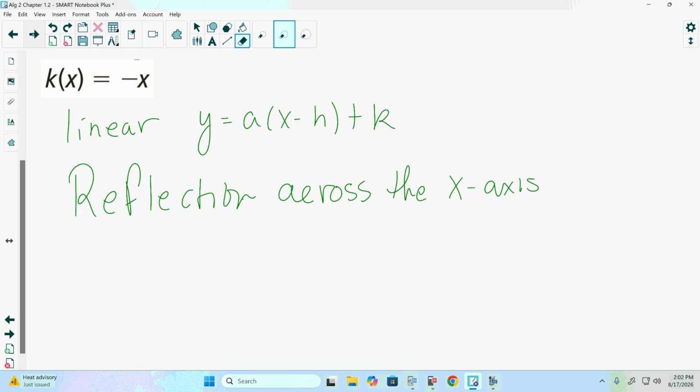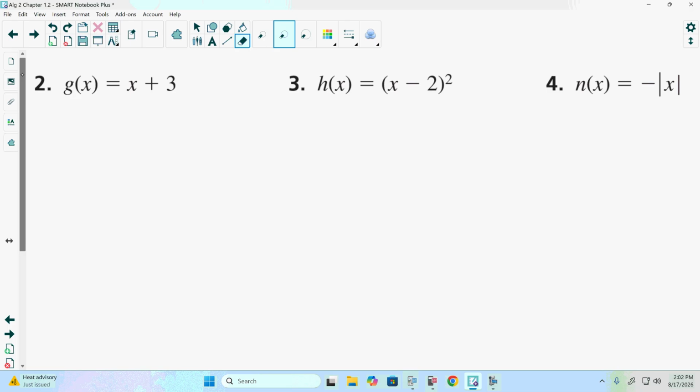Now, before we start the next one, let's have some more translations like these here. G of x equals x plus 3. What is the parent? Linear. It's the equation of a line.